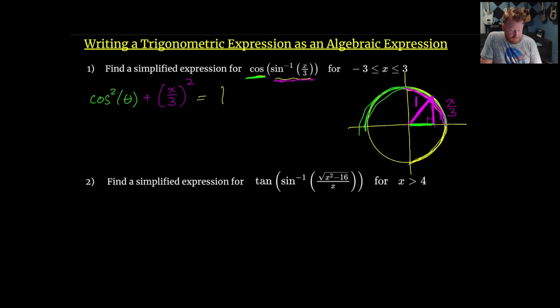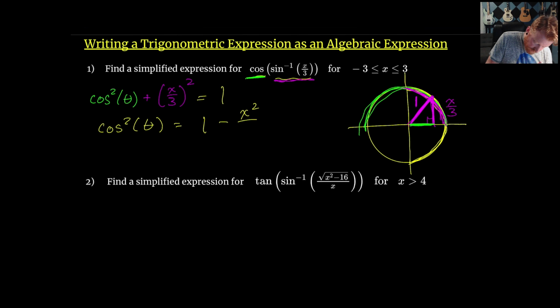So we will use this relationship to solve for the cosine of this angle theta, and that will give it to us here. So if I subtract the purple from both sides, we'll get x squared over 9. If I get a common denominator on the right-hand side, I will get 9 minus x squared over 9.